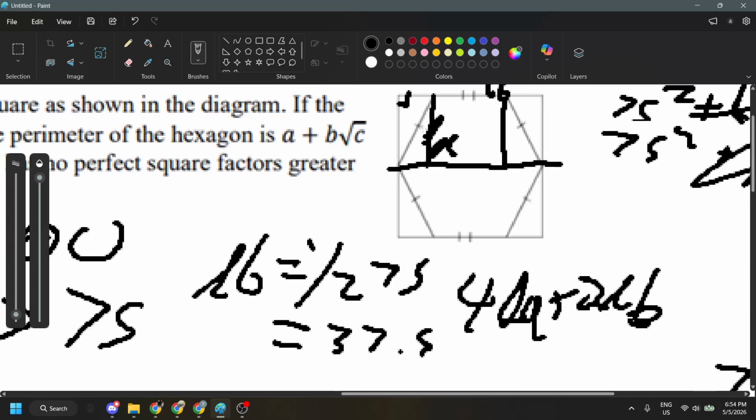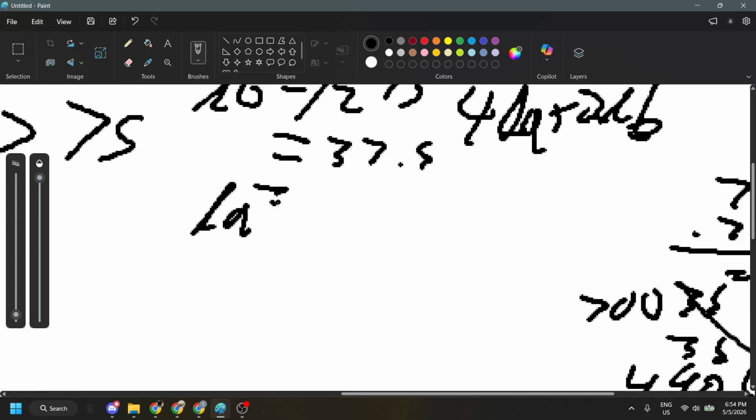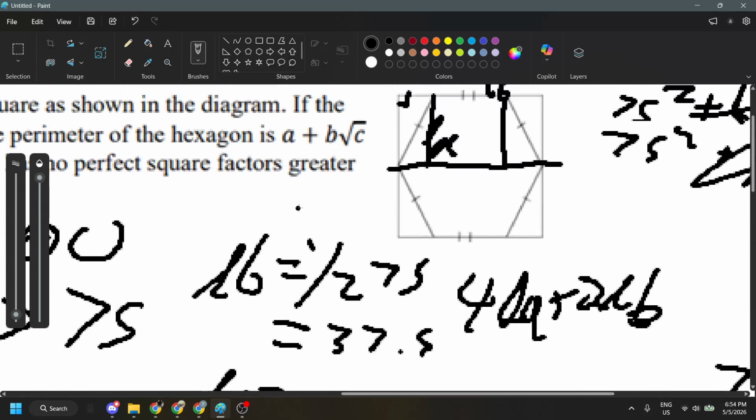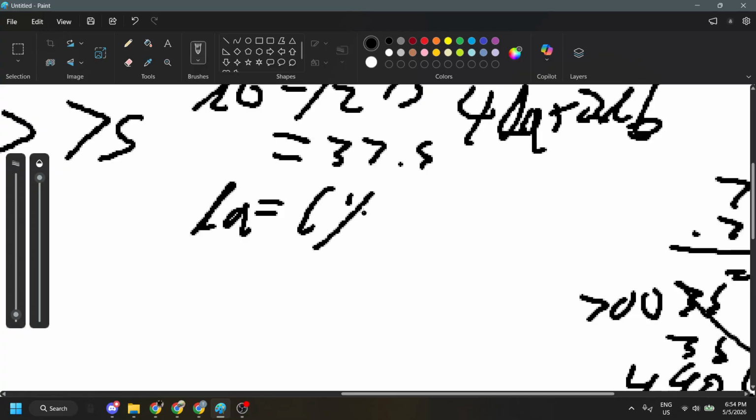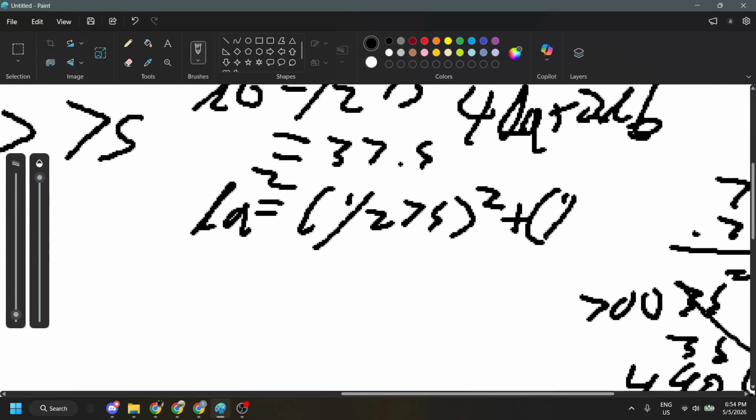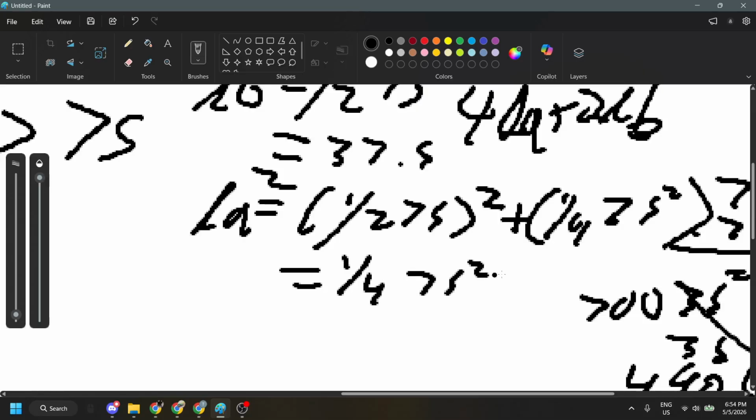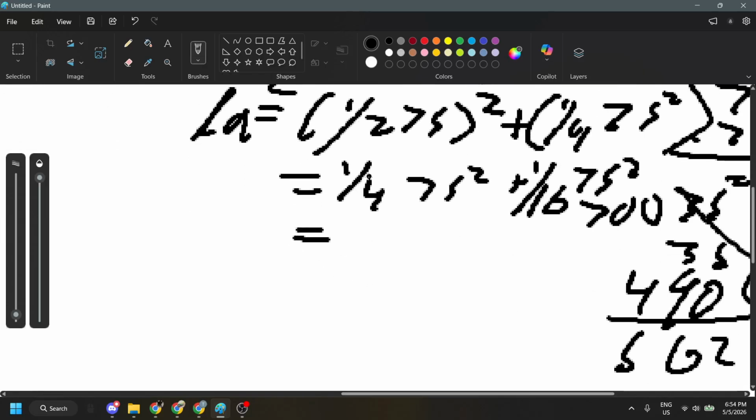Anyways, so that makes LA squared equal to 1/2 75 squared plus, that's going to be half of a half, so 1/4 75 squared, which is 1/4 75 squared plus 1/16 75 squared, so 5/16 75 squared is equal to LA squared.